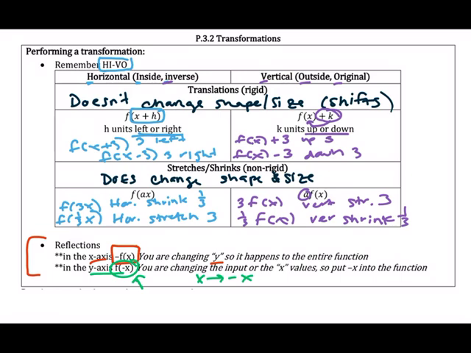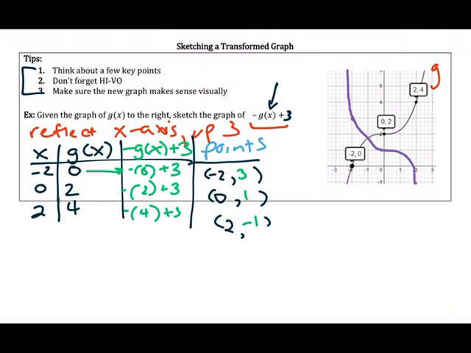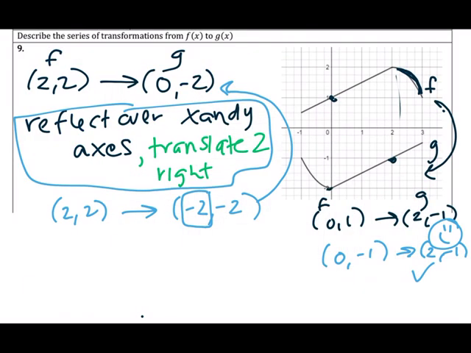We then talked about rewriting these transformations, looking at a function, identifying them from the function notation, and also writing them, being given the transformation, applying that to the function. We then talked about how to sketch a transformation on a graph, and we lastly talked about how to identify a transformation from a graph.